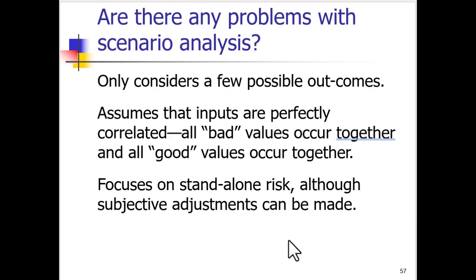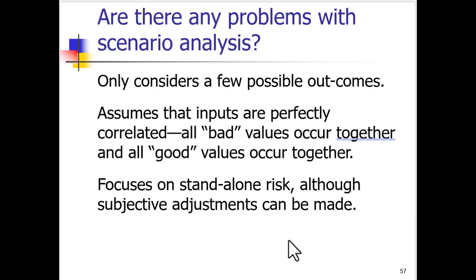Essentially, it says that basically all of these inputs are perfectly correlated with each other. So that means all the bad things that happen all happen at the exact same time. All the good things, they all happen at the same time. Well, we know that that's not true, right? So this process focuses on standalone risk.